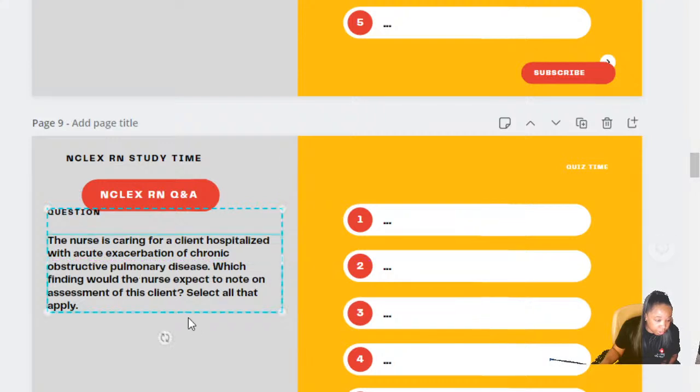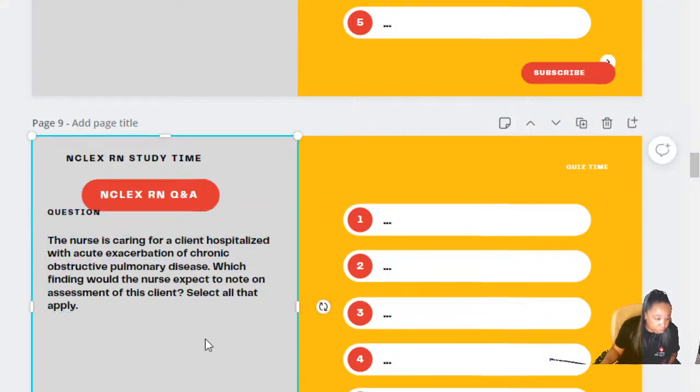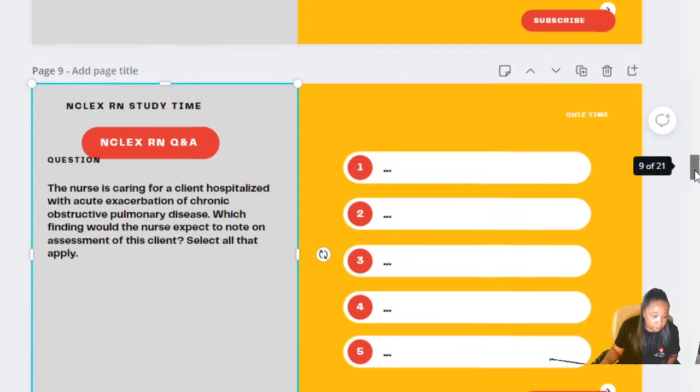The nurse is caring for a client hospitalized with acute exacerbation of chronic obstructive pulmonary disease. Which finding would the nurse expect to note on assessment of this patient? Select all that apply.